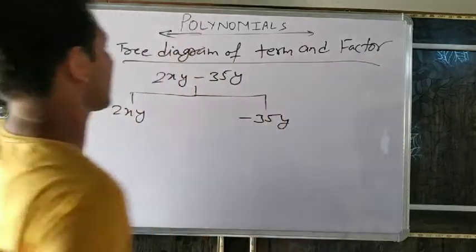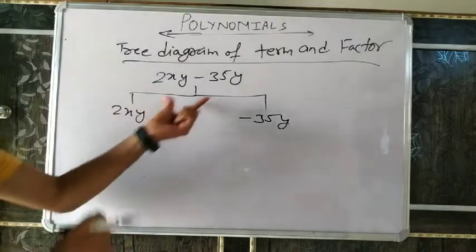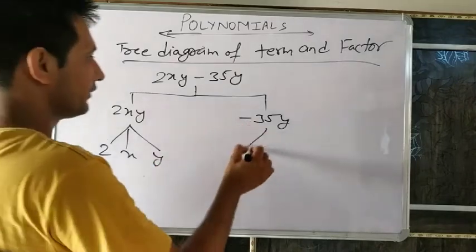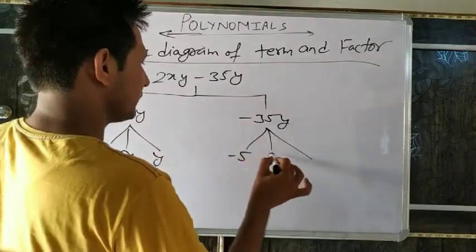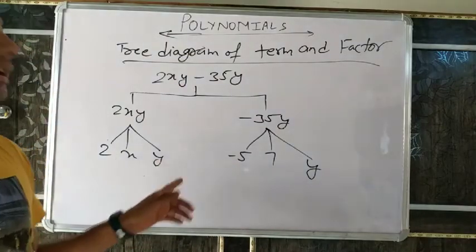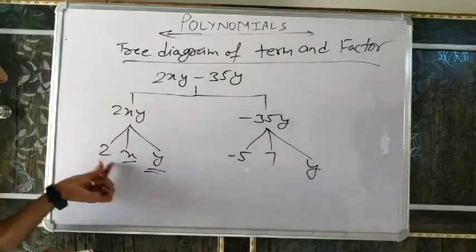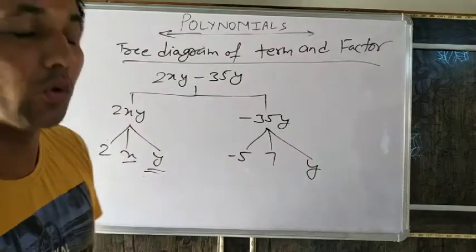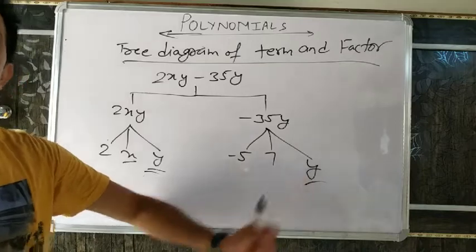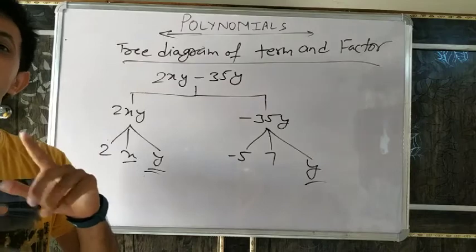Factors of 2xy are 2, x and y. Factors of minus 35y are minus 5, 7 and y. Here x and y are algebraic factors, and 2, minus 5 and 7 are numerical factors.